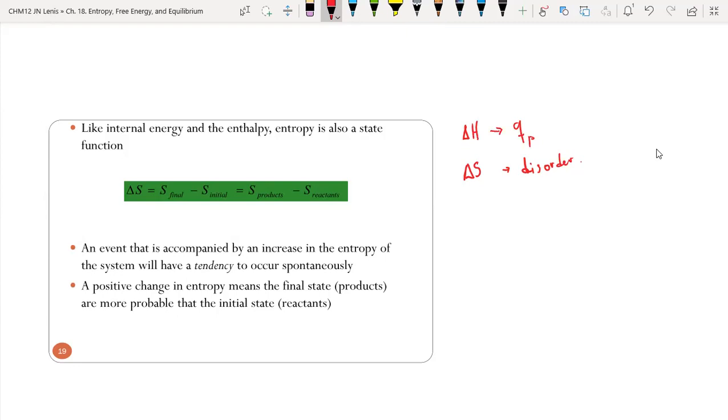So on a data table, you can find values of entropy, whereas you won't find absolute values of enthalpy for any substance. What you will find is the change of enthalpy for a process.